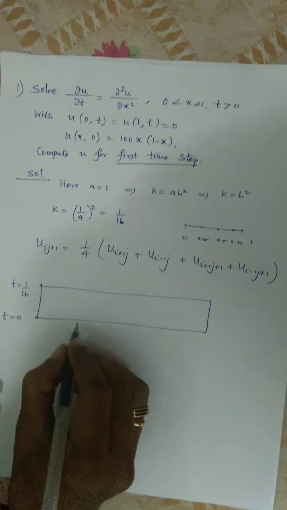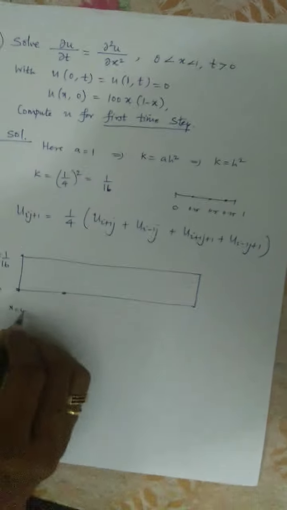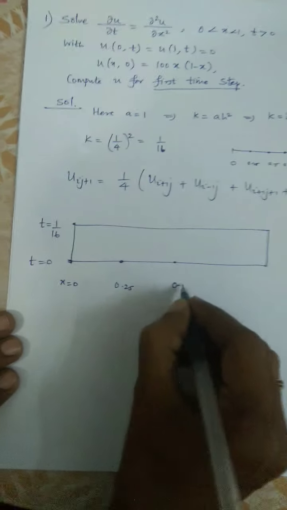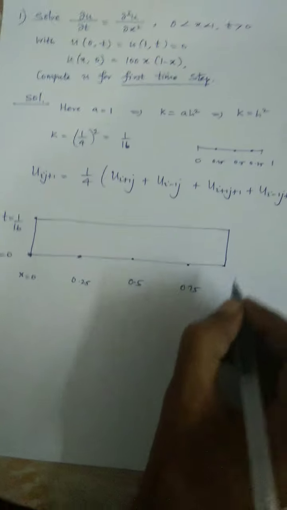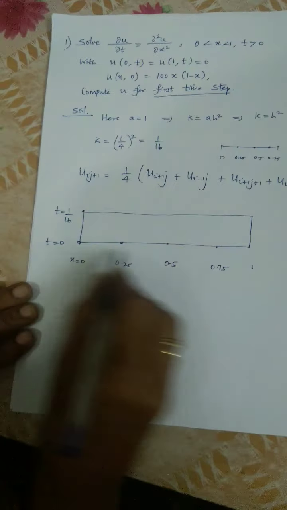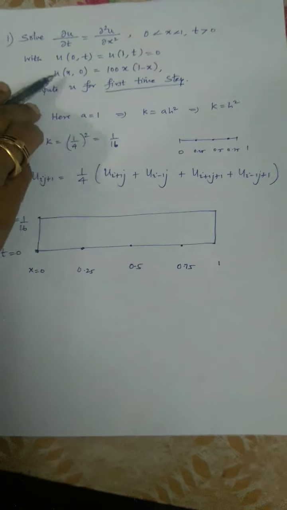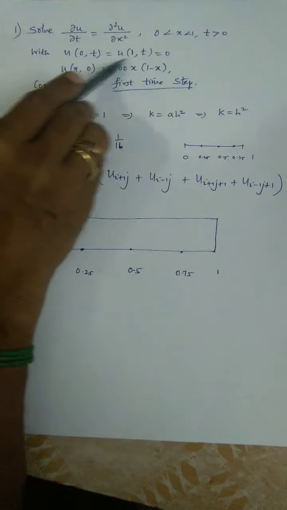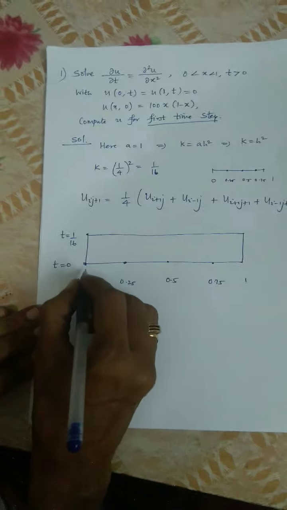Take a simple diagram. This particular point is x equal to 0. Of course, this is 0.25, this is 0.5, 0.75, and this end is 1. At time t equal to 0, the values are already given by this condition. Giving x equal to 0 here, the numerical value for this temperature is 0.